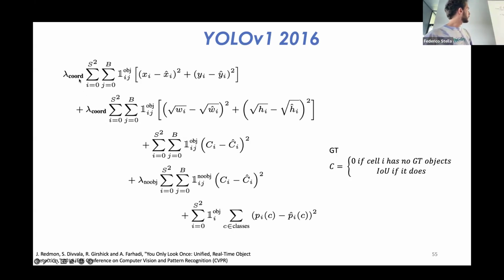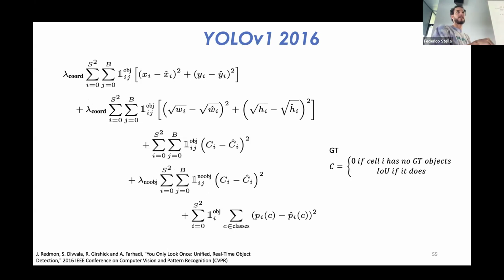Just one thing to add about these hyperparameters. The reason why they split, for example, this part from this part, when they could have been together, since there is an indicator function and a C that has 2 different values, is because this no object part happens much more frequently than the object part. Most of the cells do not have the center of the object.